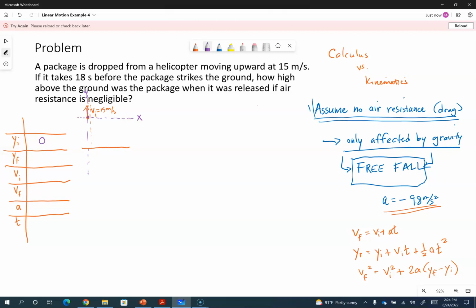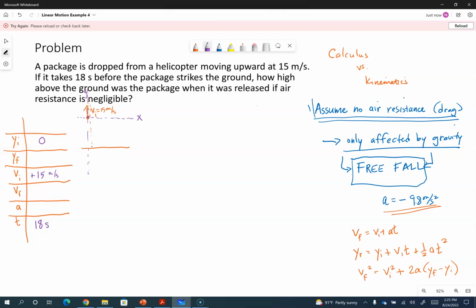It tells us that it is moving upwards at 15 meters per second. Again, I'm just writing the positive sign to remind myself that I'm accounting for the direction upwards. It tells us the package takes 18 seconds, so that's time, before it hits the ground.